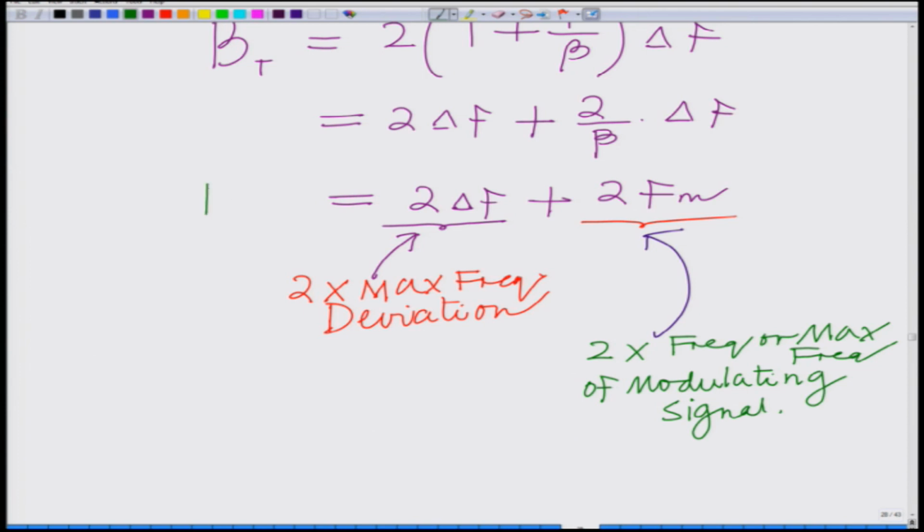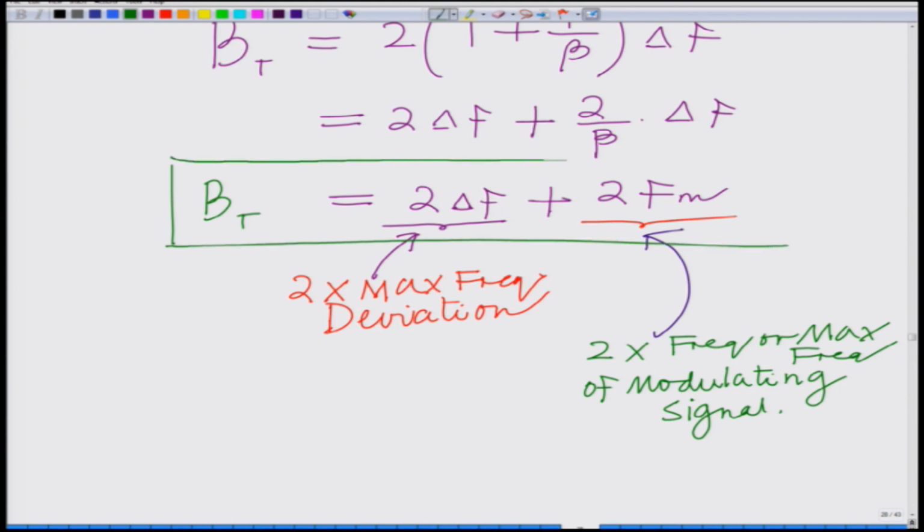Alright. So, I can also express this as twice delta f plus twice fm. This is an alternative way to write the Carson's rule for the bandwidth of an FM signal.